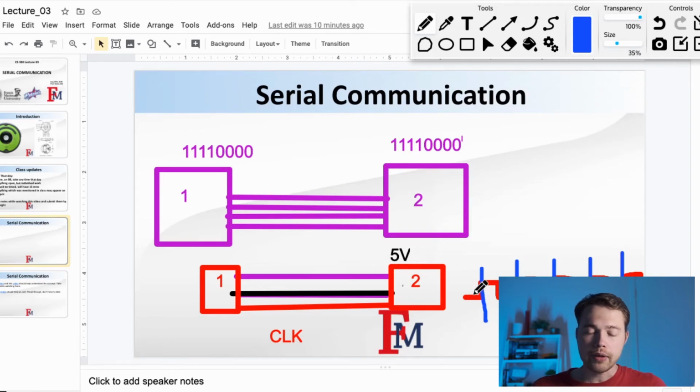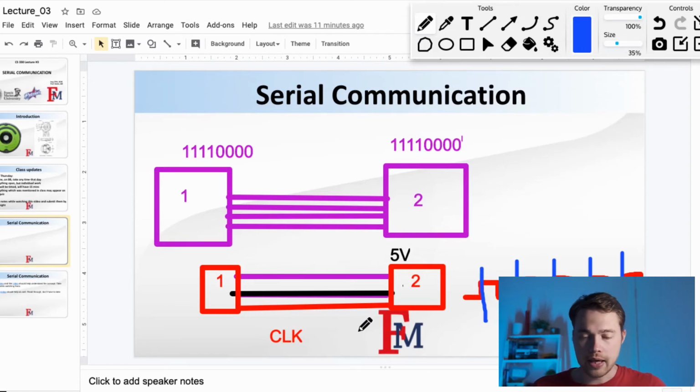I'm sending you a ground, signal, and the clock. And that clock basically says, hey, number 2, whenever this clock goes from 0 to 1, I'm sending you a new bit.